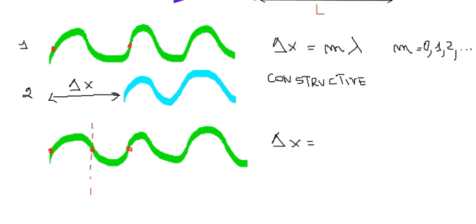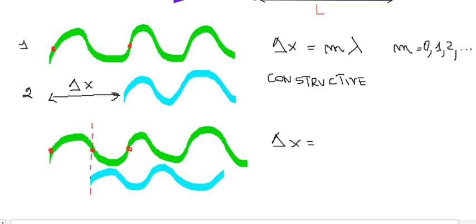So if I place my second wave starting right there, the two waves are just in opposite phase. So they are giving me a destructive interference.